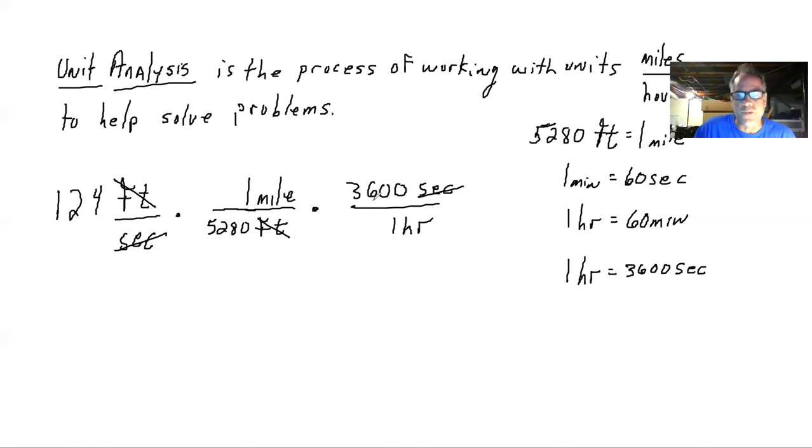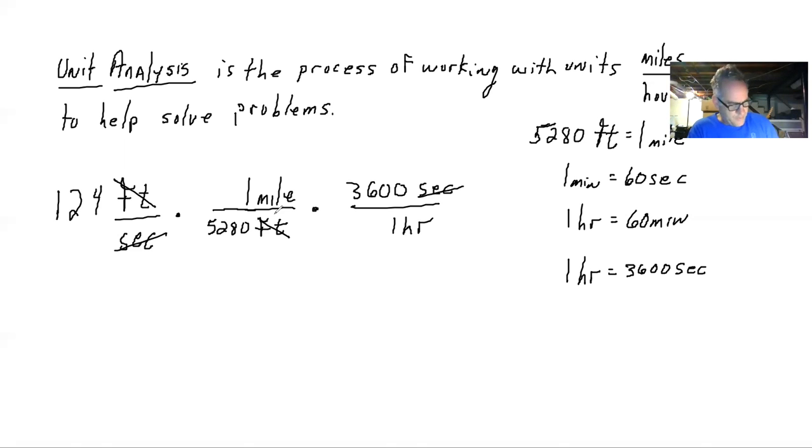Then it's just a matter of doing the arithmetic. It would be 124 times 3,600, and then that divided by 5,280. And unfortunately, I can't have my calculator up on the screen, but you can push the buttons on that.